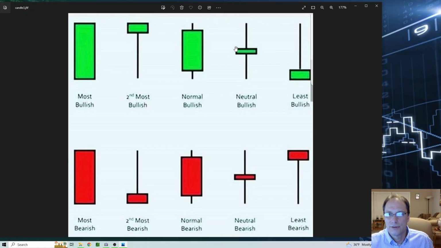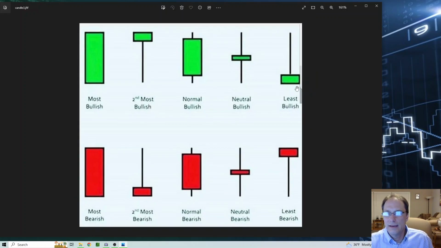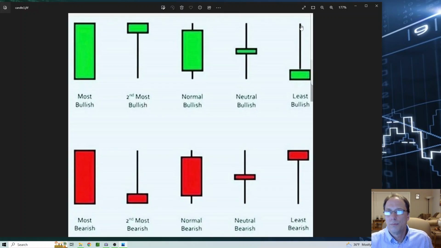Now the least bullish would be what they sometimes call a shooting star, or upside down hammer. The price opened here, went up, then all the sellers pushed it way back down. Not enough buyers. The sellers came in and it closed here. So that's the least bullish.